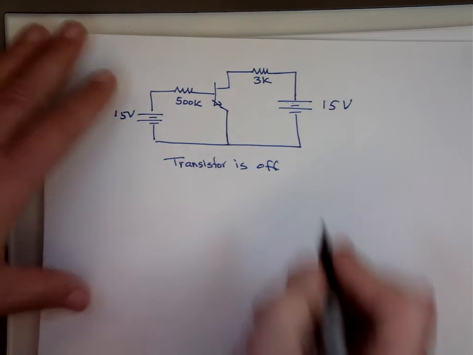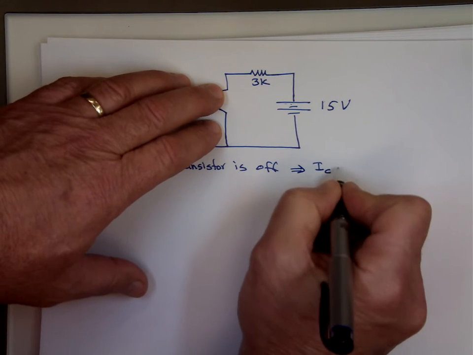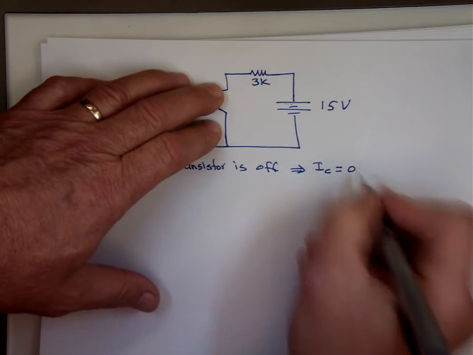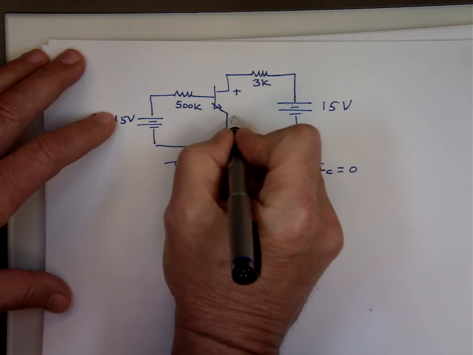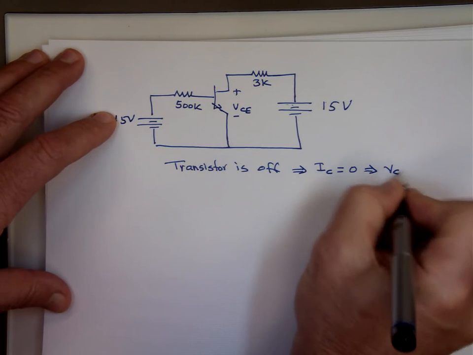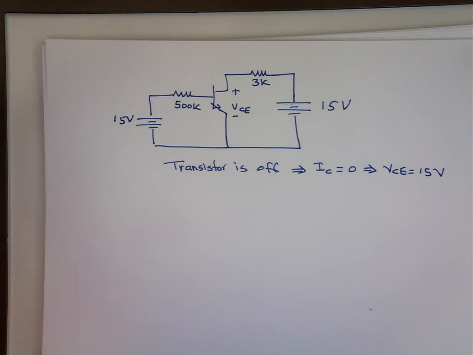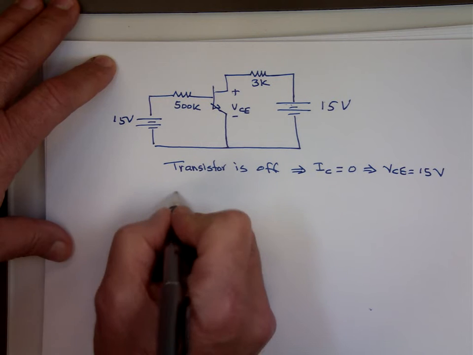If that transistor is off, that means I sub C equals 0, which means VCE equals 15 volts. And what about if the transistor is really, we call it saturation?